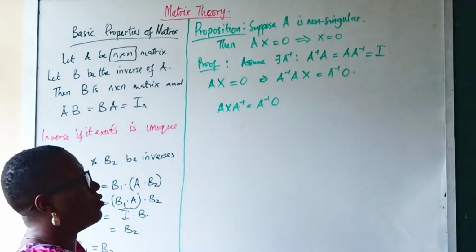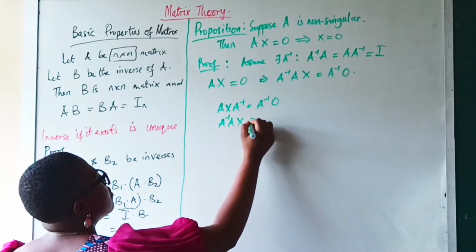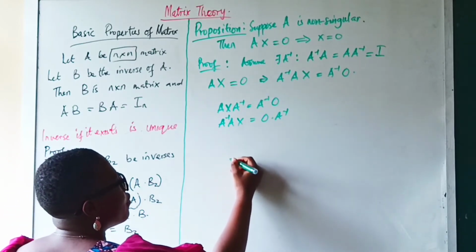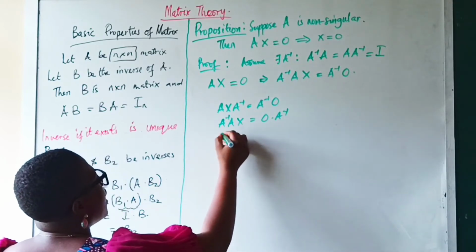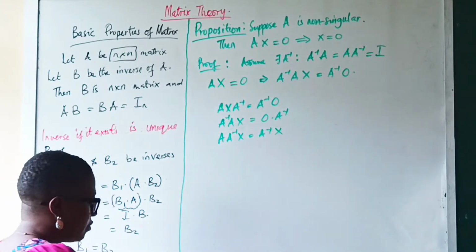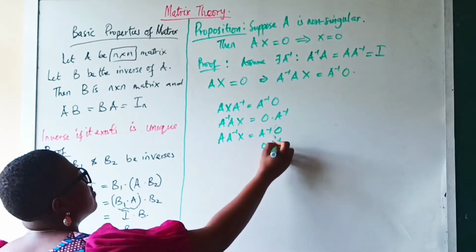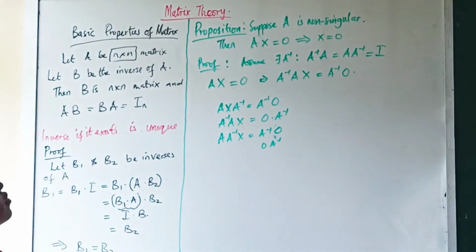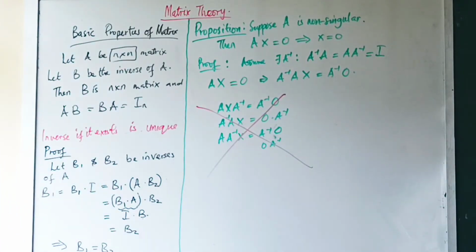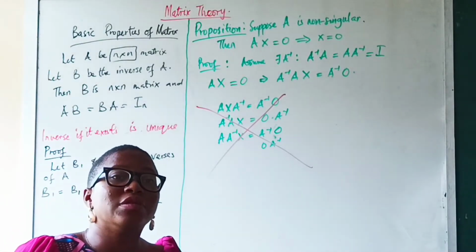I will tell you why they are wrong. Or you could write A times A inverse times A times X is equal to 0 times A inverse. That is wrong too. The order matters, because in matrices, the order in which you multiply matters.